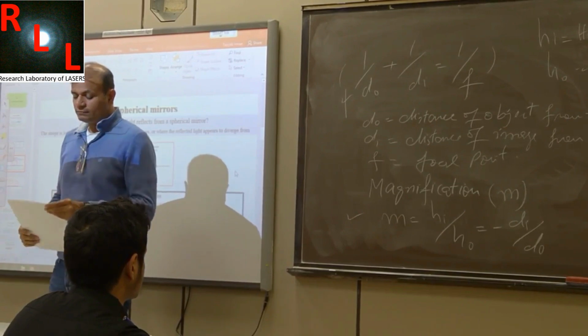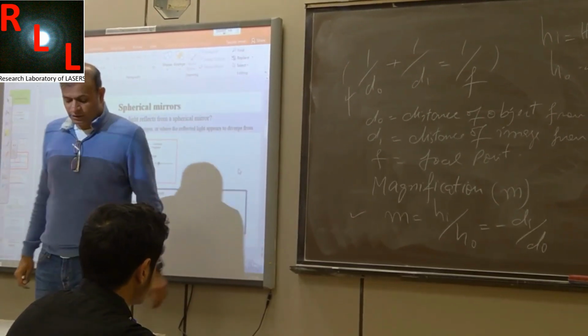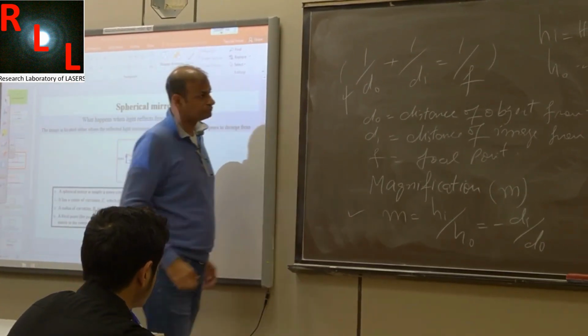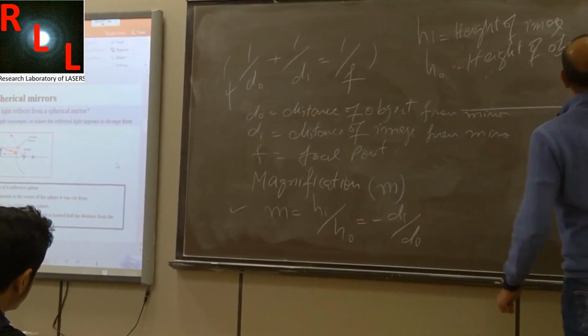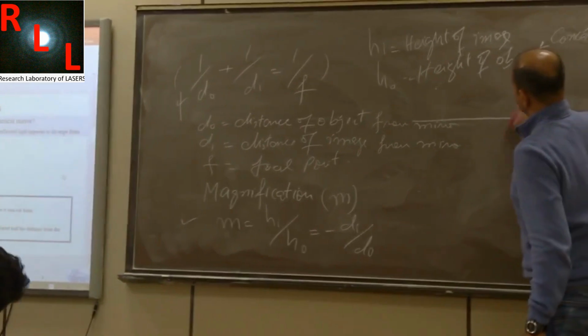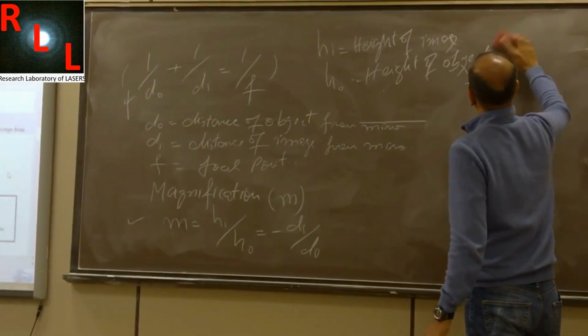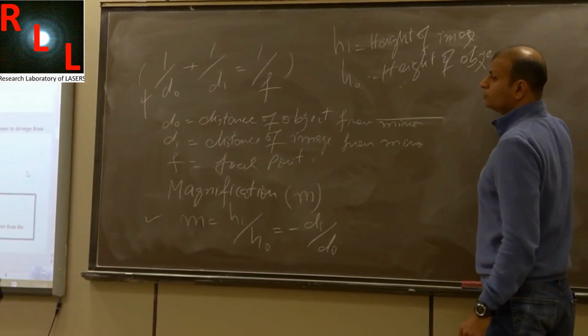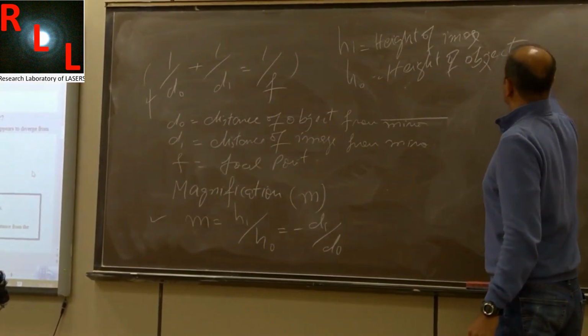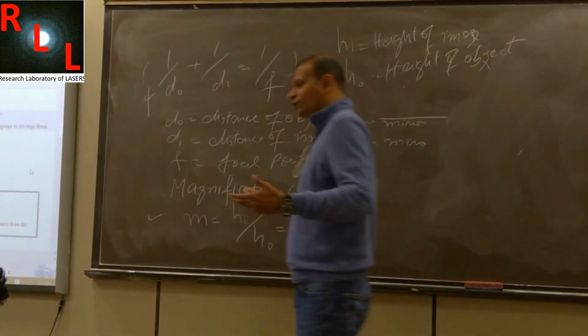A few things here. F is the focus point, where the light is focused, the focal length.